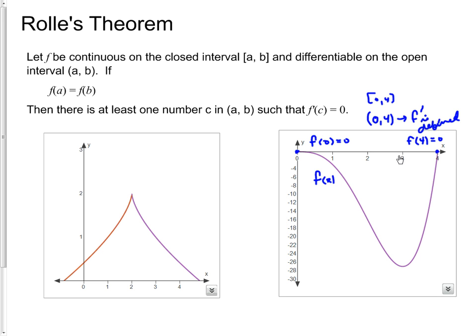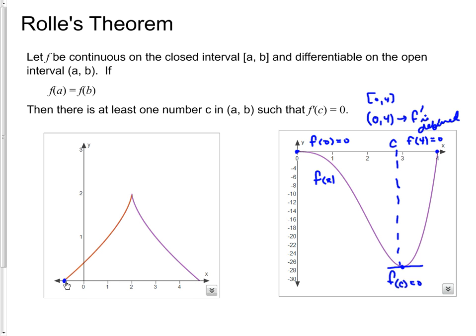So looking at this graph, it looks like there is certainly a point where we have f prime equal to 0. Now, I'm not exactly sure what value c that is. Rolle's theorem doesn't tell us where it is. It just says that we're guaranteed in this function to find some number c in between 0 and 4 where that happens.